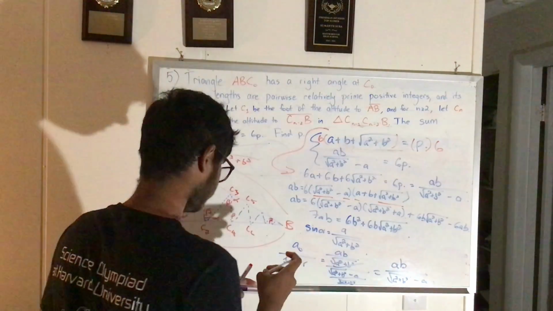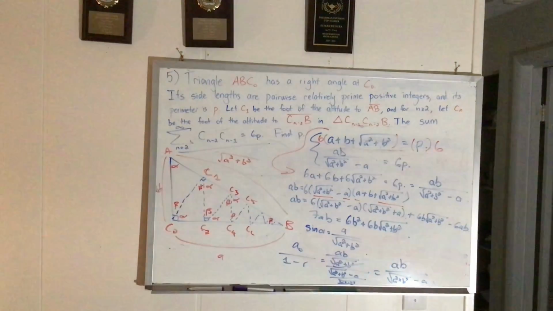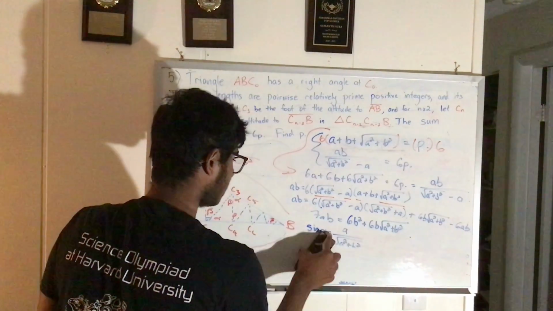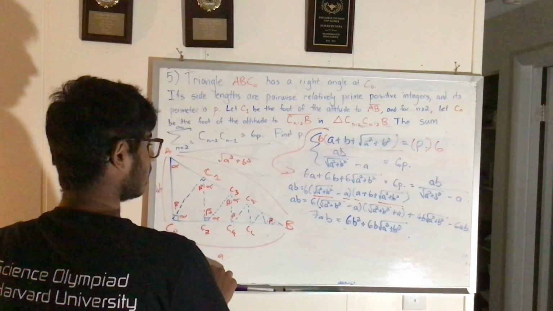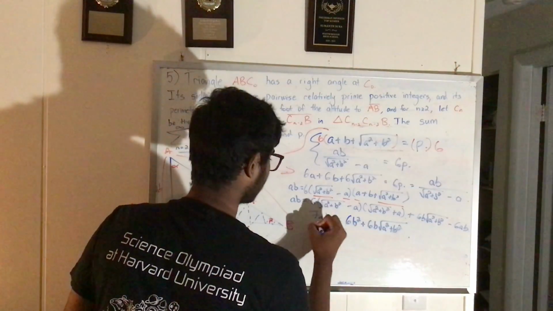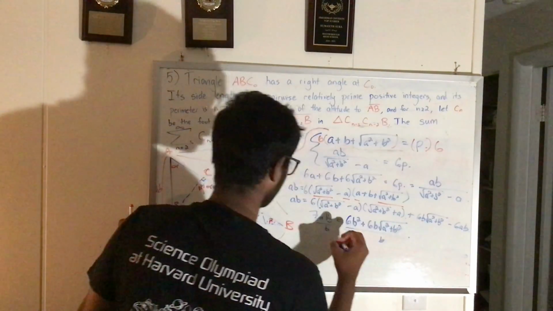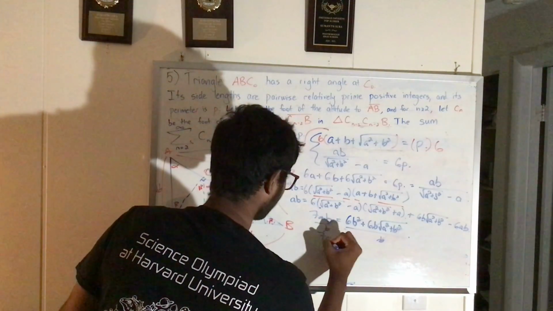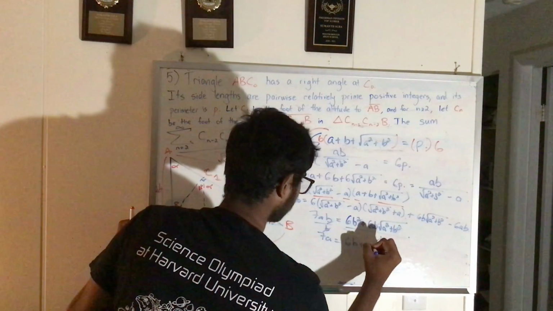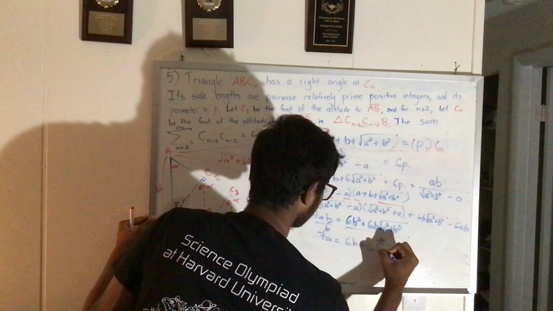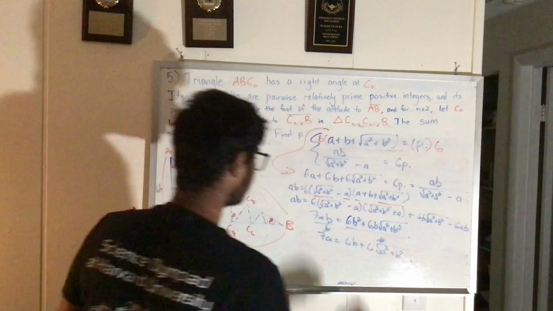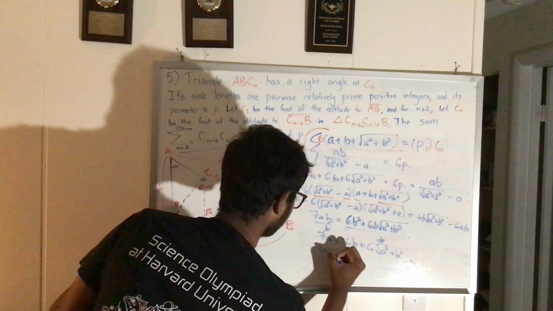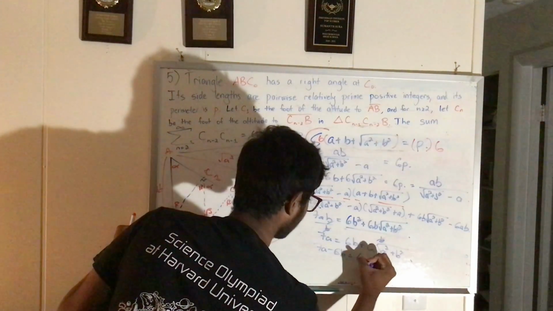Now that's nice. I'm just going to erase the bottom stuff here. And so now, dividing everything by b, you get this: 7a equals 6b plus 6 root a squared plus b squared. And now, if you move this to the other side, we have something nice again.